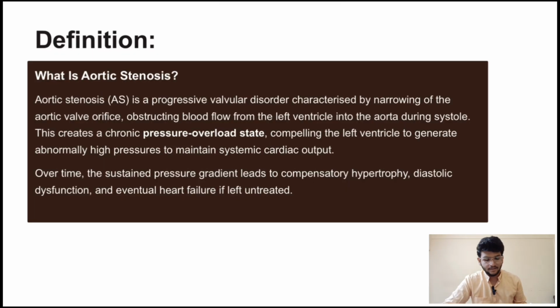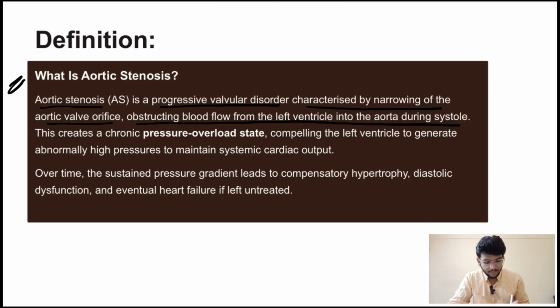Let us define aortic stenosis. What is aortic stenosis? Aortic stenosis is a progressive valvular disorder characterized by narrowing of the aortic valve orifice, obstructing blood flow from the left ventricle into the aorta during systole.